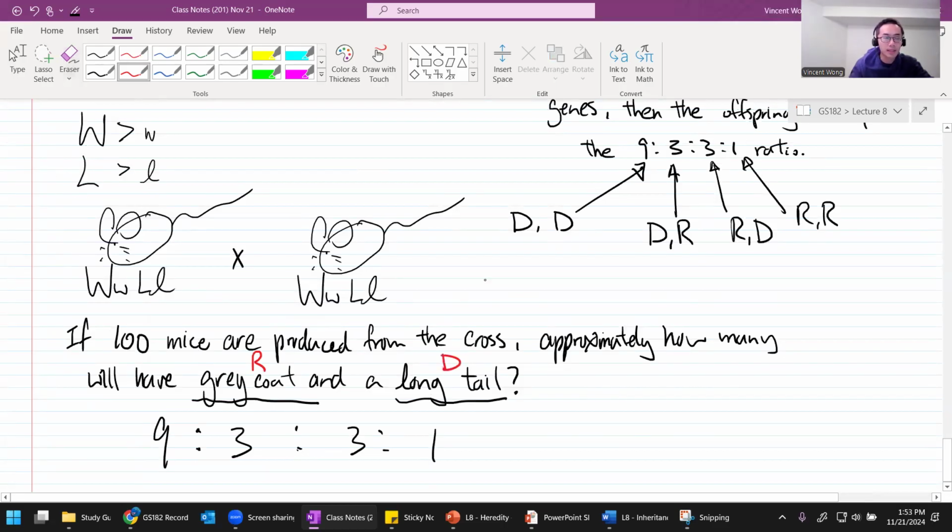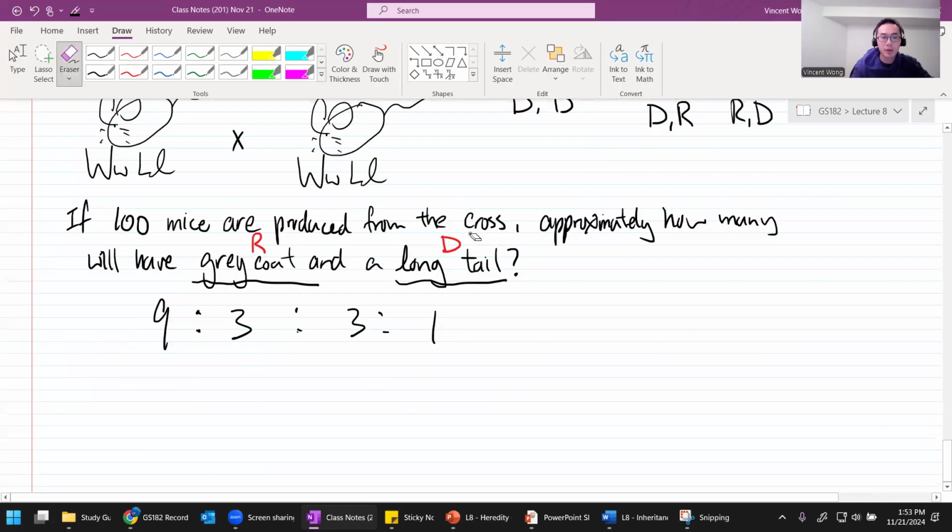So the question is asking you to find the number of mice that will be recessive for one trait and dominant for the other. And that's where the 3 comes in. Remember, 9 is dominant, dominant, and the 3 is recessive, dominant, or dominant, recessive. And then here is the recessive, recessive. So we're looking for recessive and dominant, which means it is going to be 3 over 16.